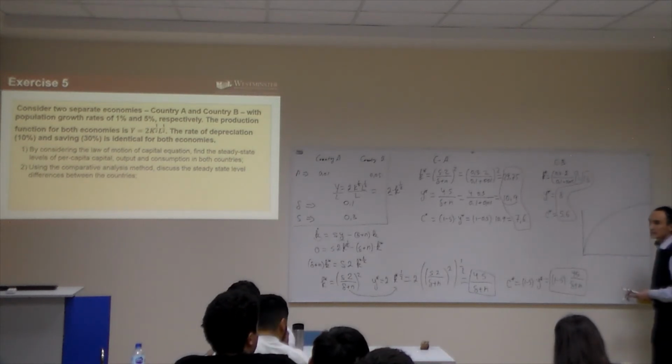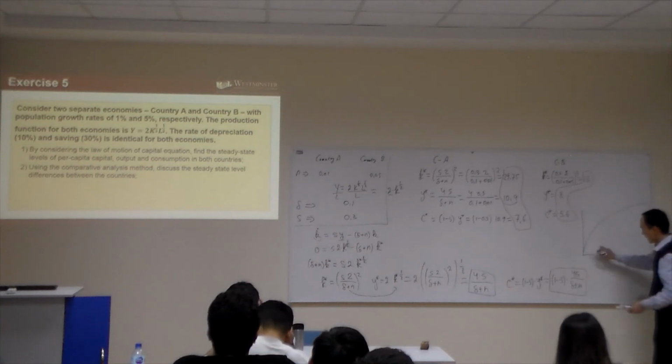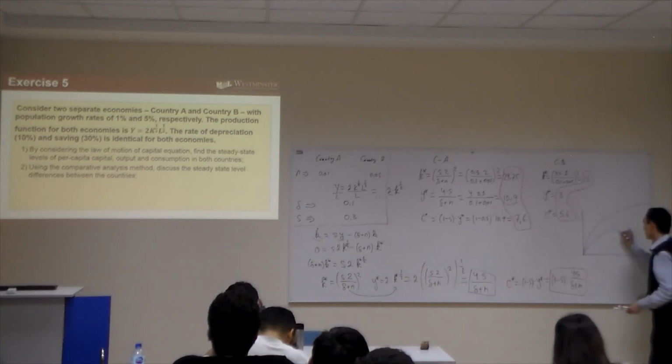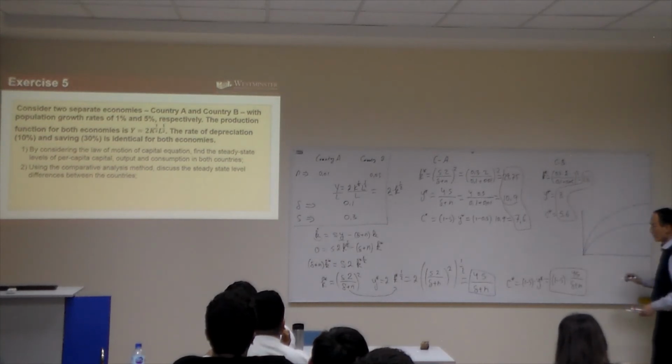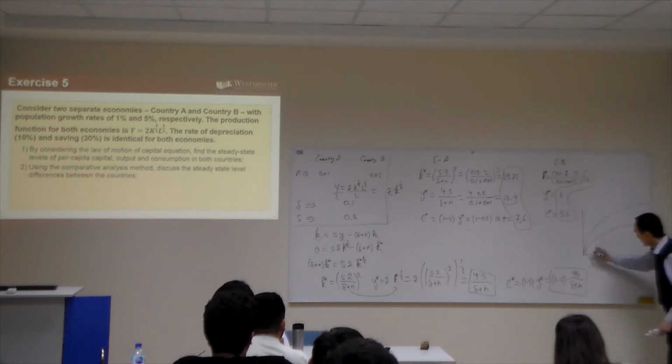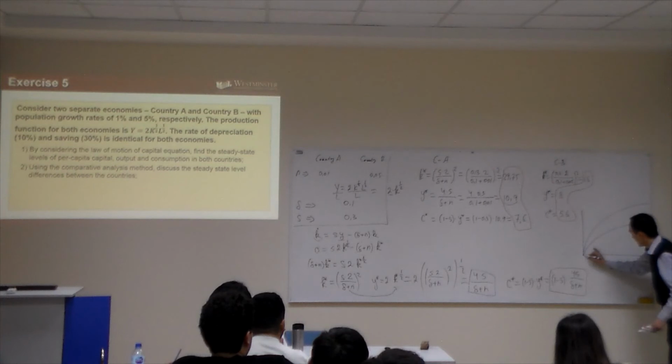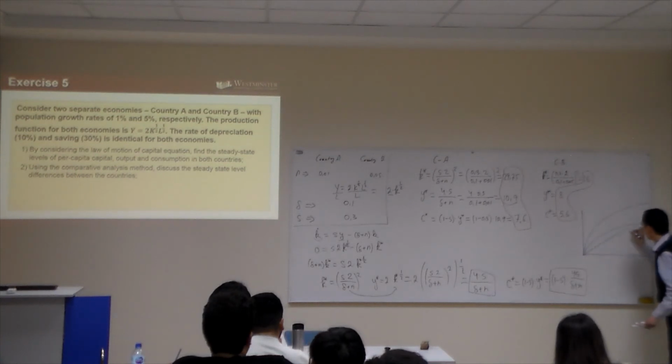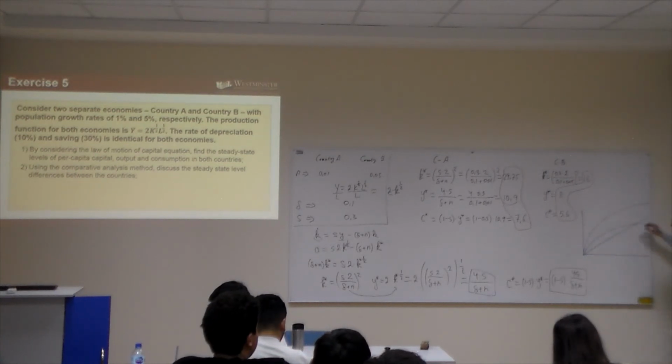output function is the same, because investment rate is the same, investment curve is also the same, yes? But what is different is their growth rate. For example, for country A, depreciation rate plus growth rate of only 1% times per capita capital, yeah?